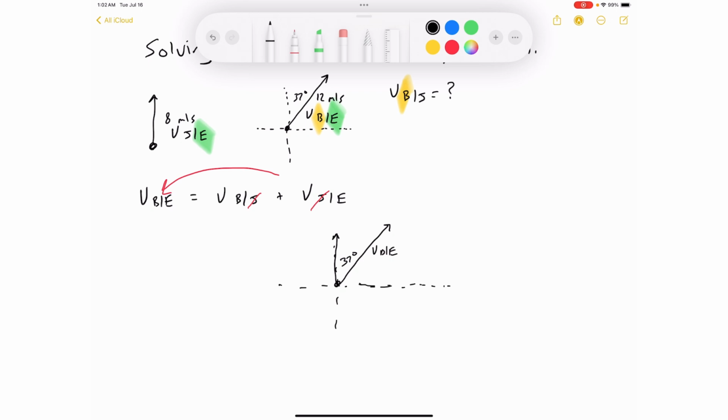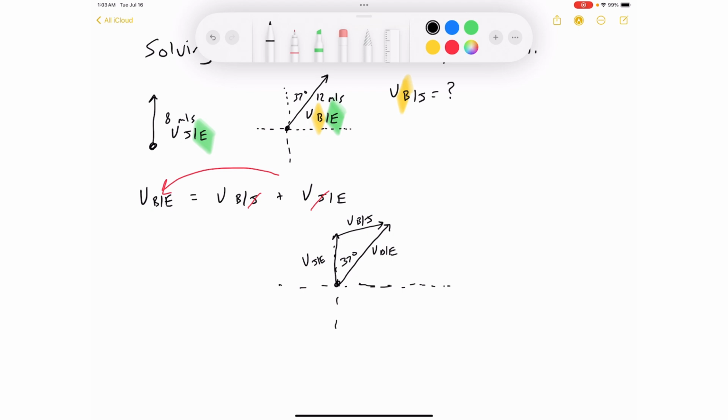So the velocity of 1 relative to the Earth looks like that. And if that's true, the vector we're looking for, the velocity of the ball relative to 1, is probably this guy right there on top. Okay, so this is a sketch of what our vectors probably look like.